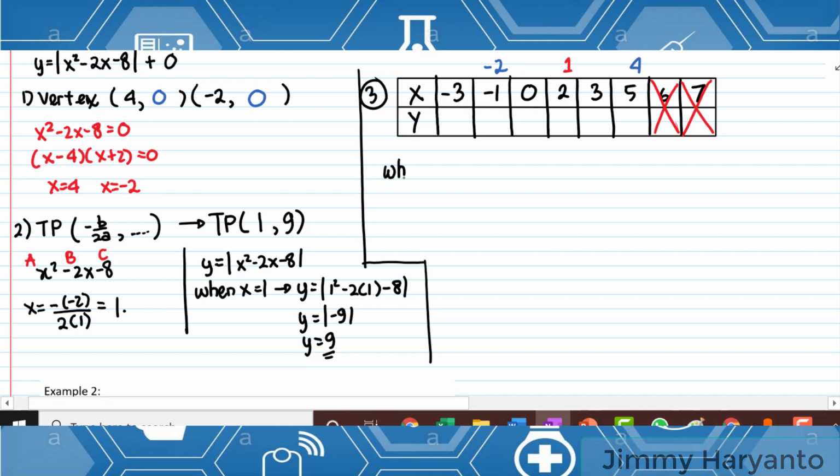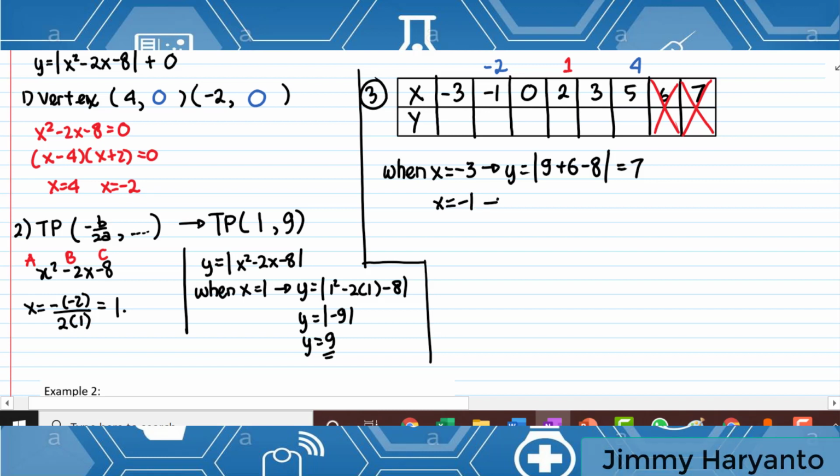When x equals negative 3, the value of y will be negative 3 squared is 9, plus 6 minus 8, which is 7.